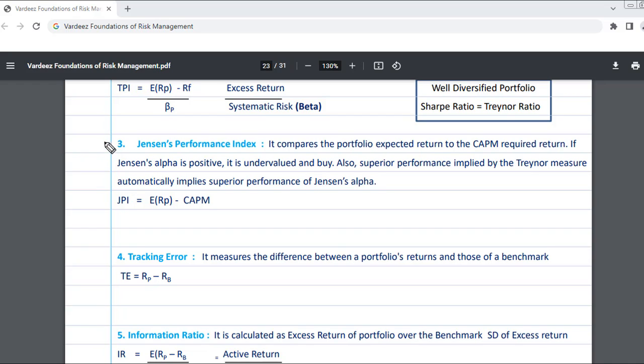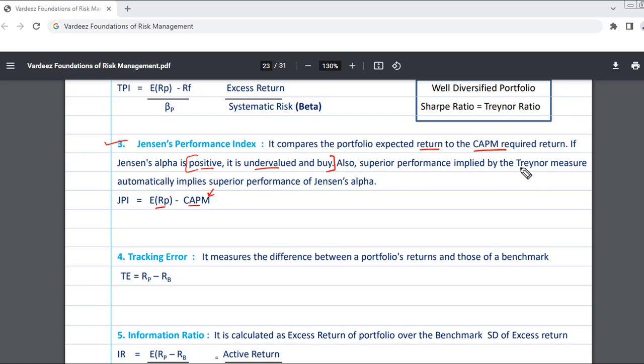Now moving on to Jensen's Performance Index, it compares the portfolio expected return to the CAPM. It's very simple. You have the expected return on the portfolio, and you subtract from it the return given by the capital asset pricing model. So rather than the risk-free rate, it has been replaced by the CAPM, and if this Jensen's alpha is positive, it is undervalued and you should buy that security or that portfolio.